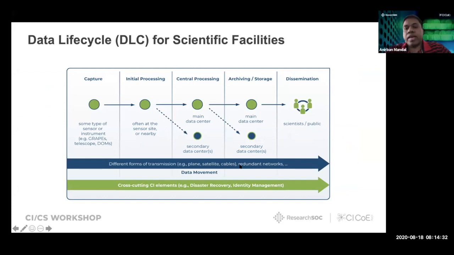Yeah. What we're seeing as we talk to a lot of these large facilities is that one of the important concerns is how you do disaster recovery. How do you do migration of certain data and services from the normal platforms to maybe a cloud platform?